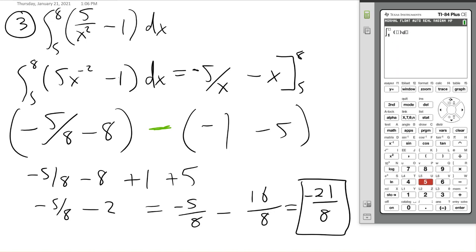We integrate from 5 to 8 of 5 over x squared minus 1 dx. Okay, get some kind of decimal, but if I do math, enter, it should change it to a fraction for me, and it better be negative 21/8. Of course if it's not, then we need to go and try to find our error in there.